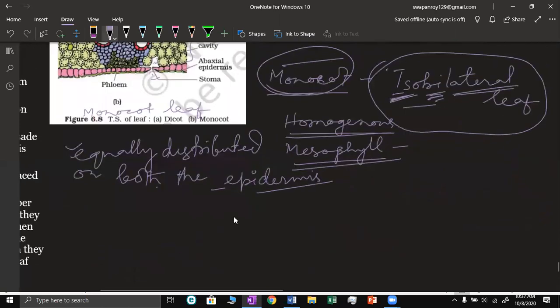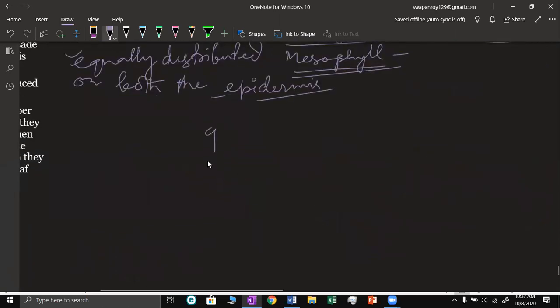One special thing is found in the grass leaf.